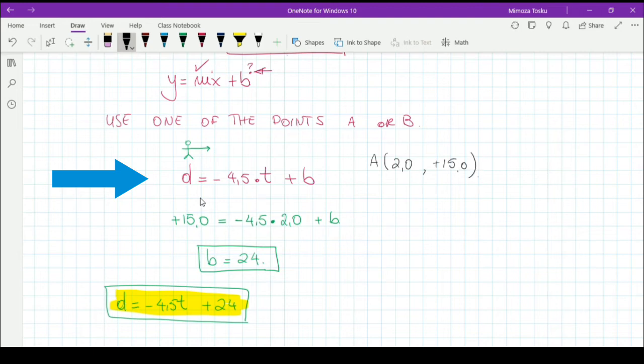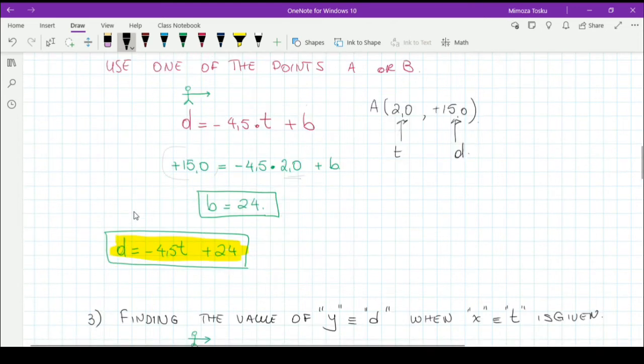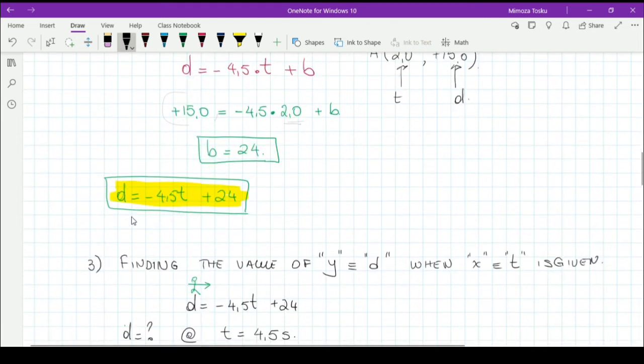This is representing t, and this is representing the d value. So as we walk through the equation, we replace d with positive 15 and t with 2. Through the calculations, we find that the value of b, or the y-intercept, is positive 24.